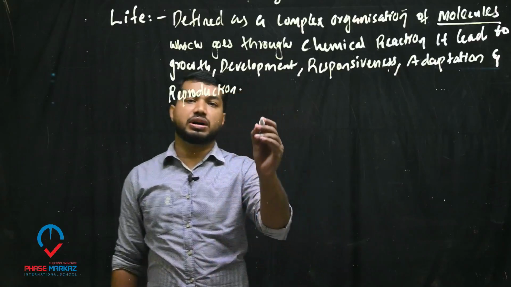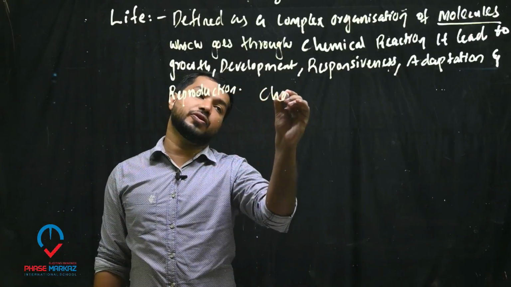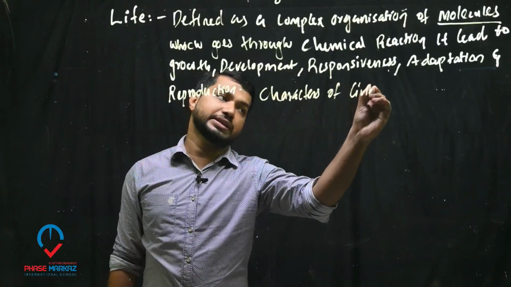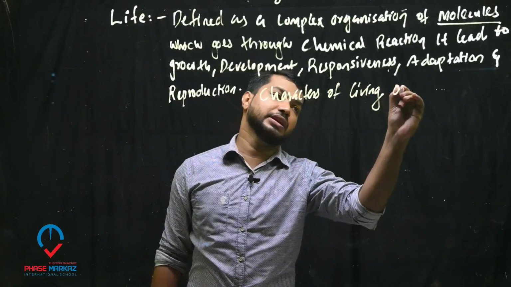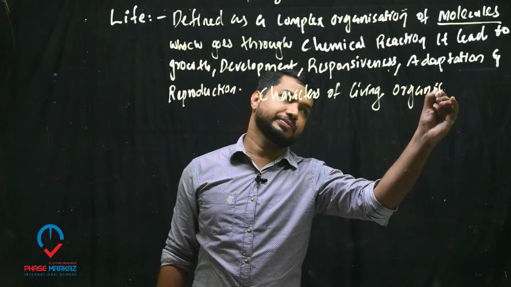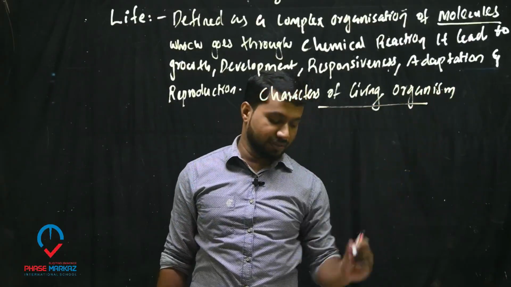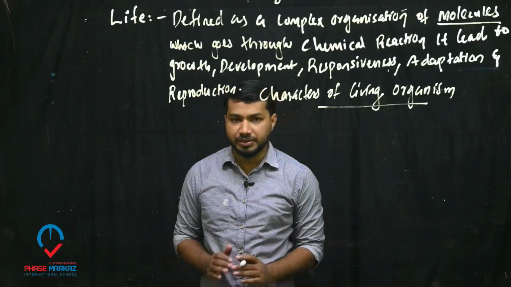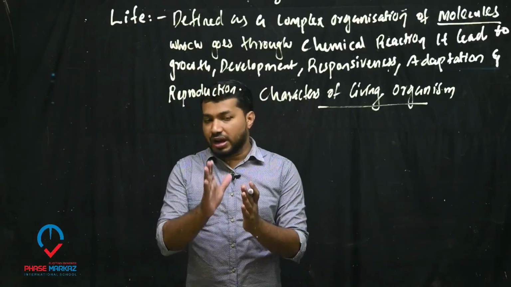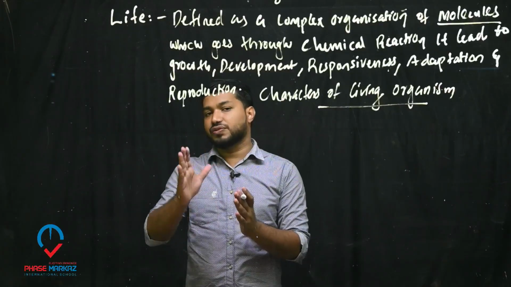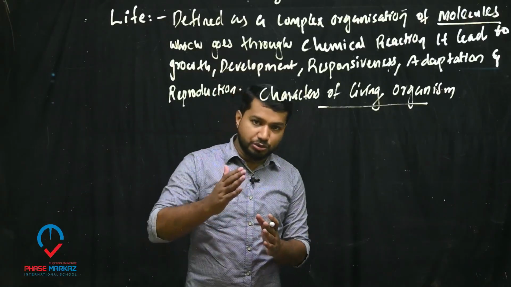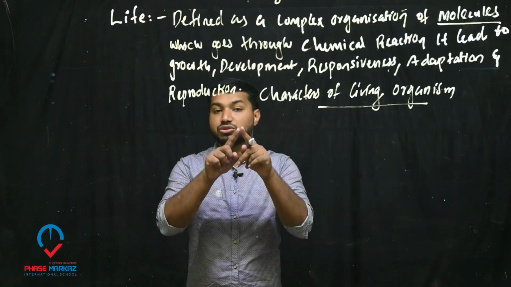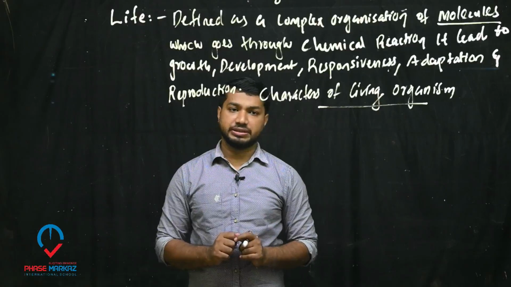So the next topic is the characters of living organisms. We have to discuss 5 different characters. Before moving to the types of characters, we have to discuss the 2 kinds of classification of characters.